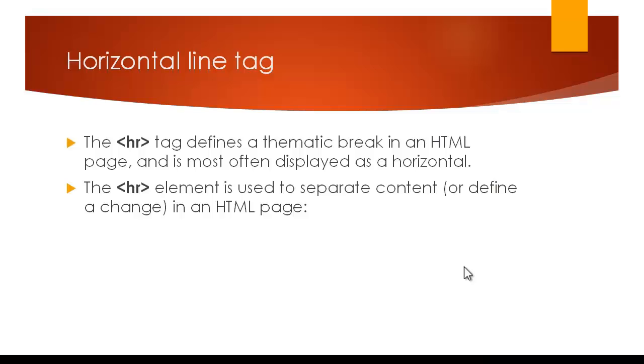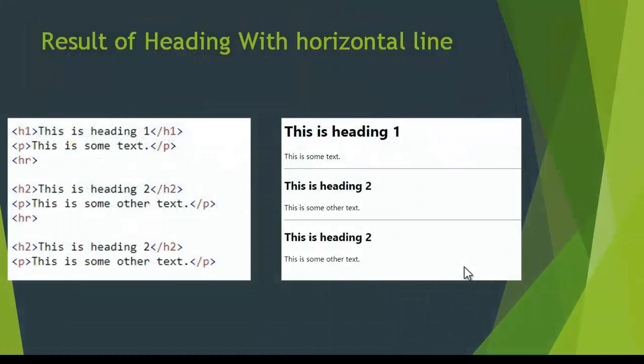The horizontal line tag is a tag that is used to separate one content from another. It actually creates a horizontal line. The result of the horizontal line looks like this. We use the h1 here, then we use a paragraph, and then here you can see we use the hr tag, and it doesn't have any closing tag, so we don't close the hr tag.